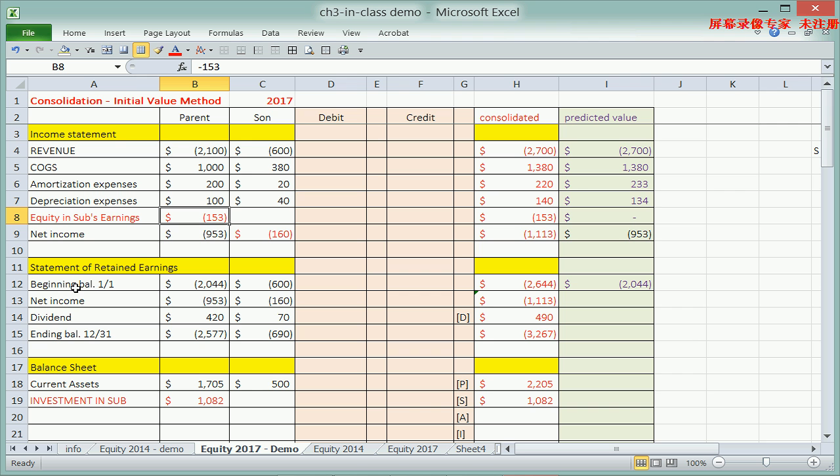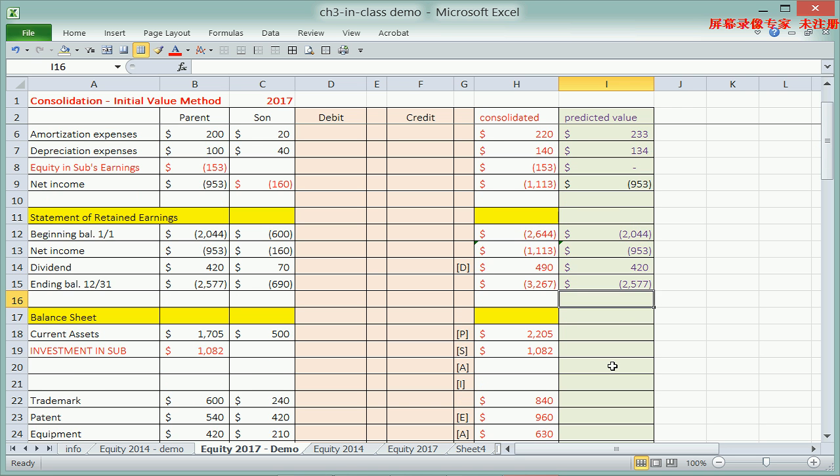So retained earnings 1/1 of the parent has already included all the performance of the subsidiary before. So we do not need to add the subsidiary's retained earnings 1/1 to the parent's, because the parent's retained earnings 1/1 already include the subsidiary's. Net income is coming from the above, and dividend should only be the parent's because the sub pays to the parent, and the ending balance is calculated.